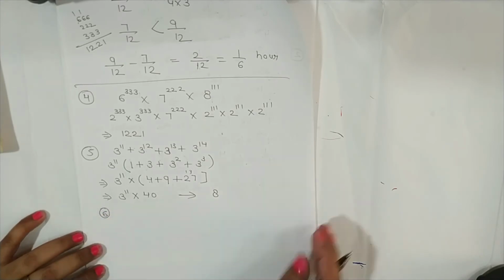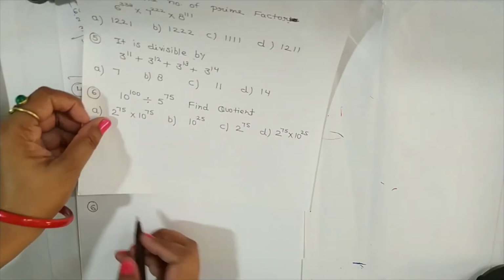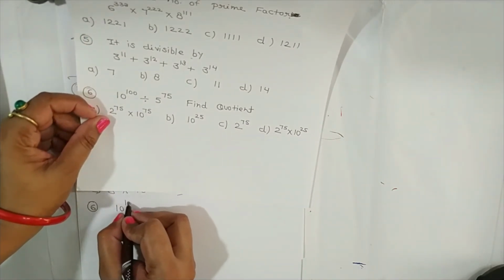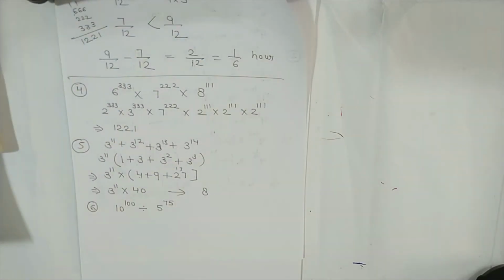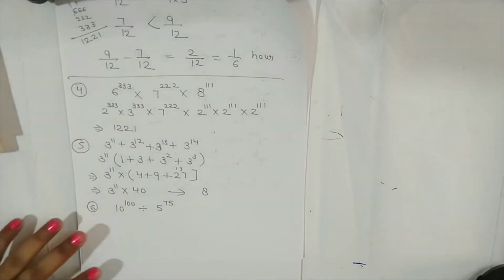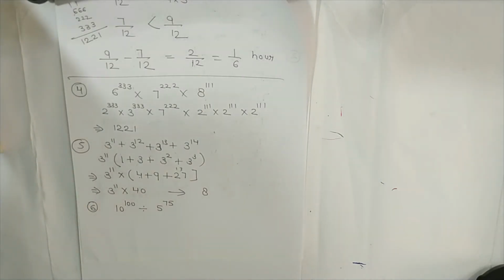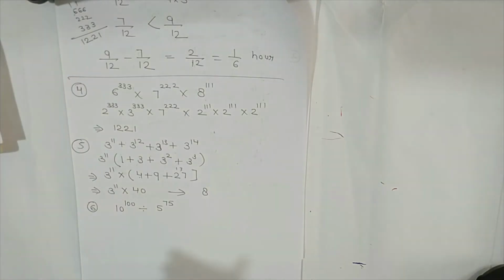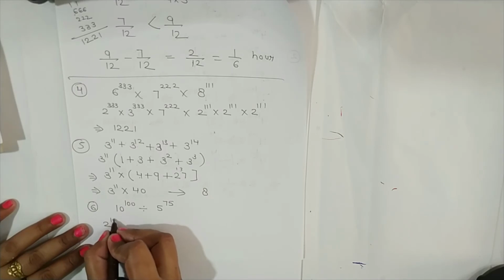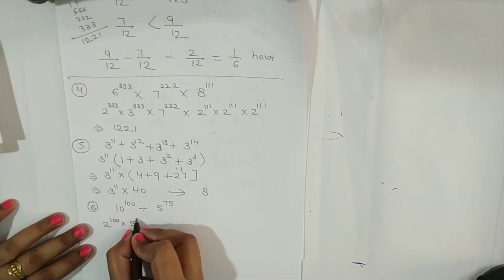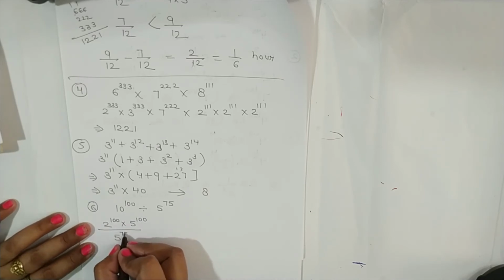Move on to the last question, question number 6: 10 to the power 100 divided by 5 to the power 75. Find the quotient. It can be written as 2 to the power 100, then 5 to the power 100 divided by 5 to the power 75.